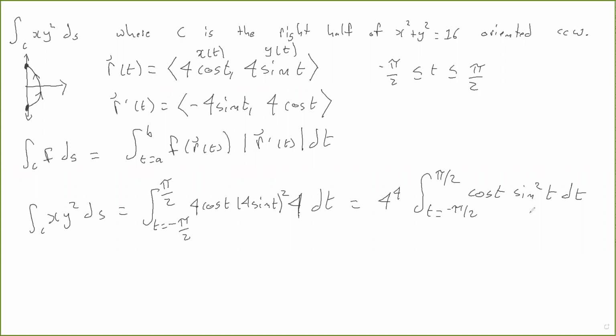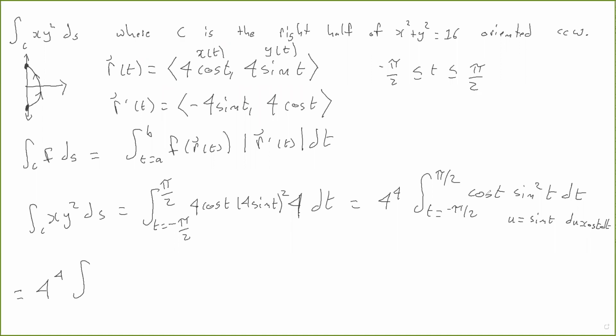Now to do this integral right here, we want to use u substitution. And we're going to say u is equal to sine t, and then du is going to be equal to cosine t dt. So then this integral becomes 4 to the power of 4. If du is equal to cosine t dt, this means dt is equal to du over cosine t.